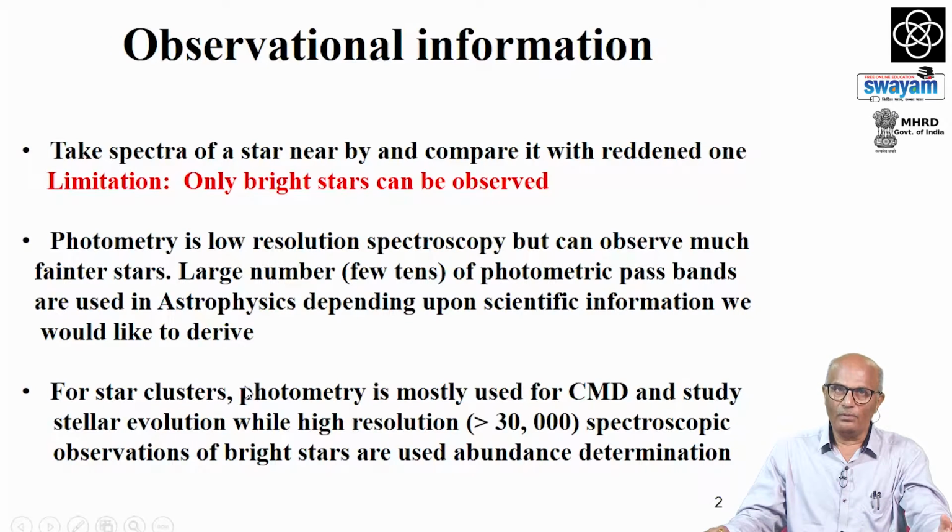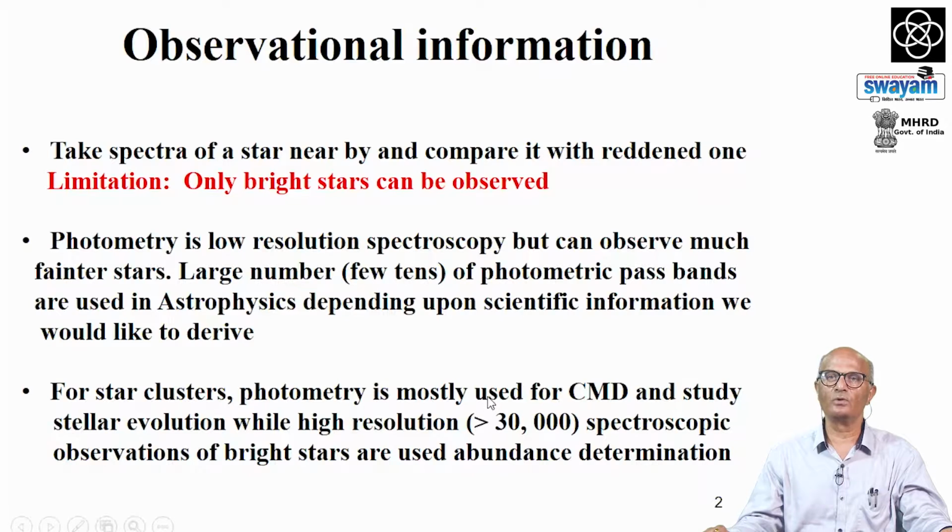While we study any star cluster, photometry is mostly used for the color magnitude diagram and to study stellar evolution, while high resolution, that is more than 30,000, is used for spectroscopic observation of bright stars, and one can find out their atmospheric properties like abundance and so on. So, both techniques can be used.